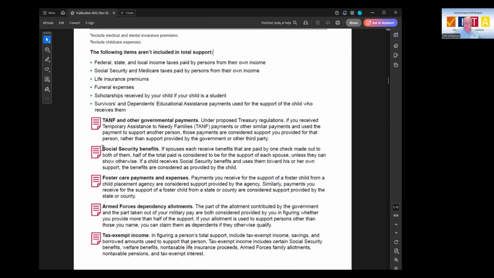Here it talks about Social Security benefits, and TANF is Temporary Assistance for Needy Families, foster care payments, or tax exempt income. If you're not sure, read this. Generally, it's pretty clear cut. I've rarely ever had to fill out that worksheet.